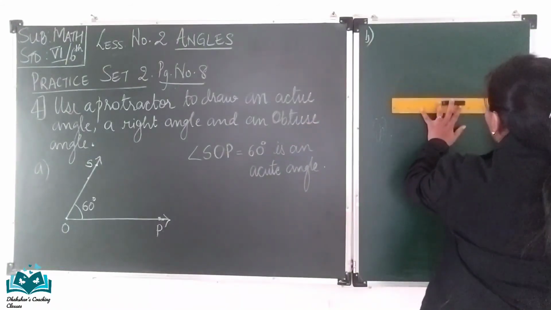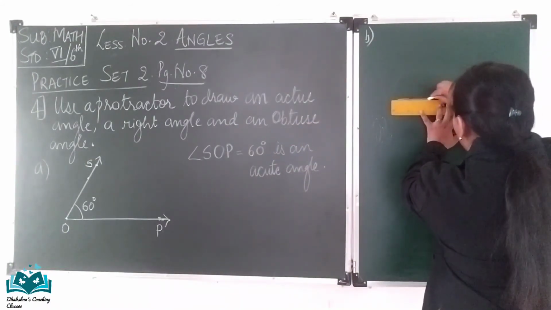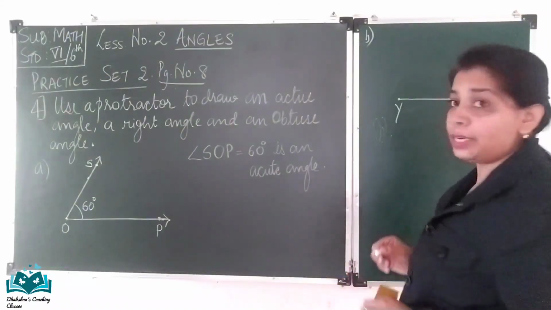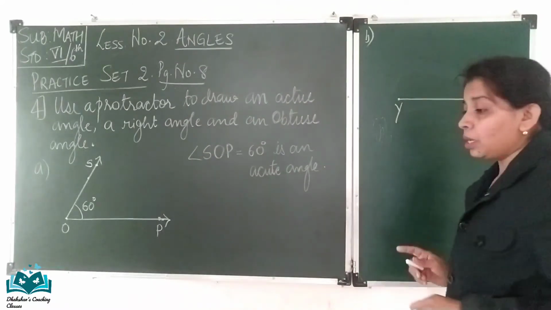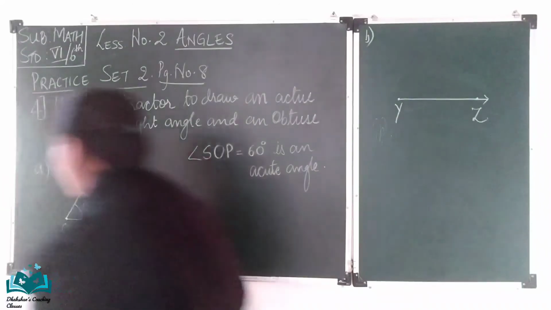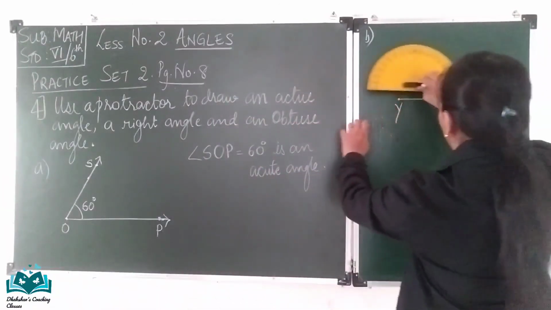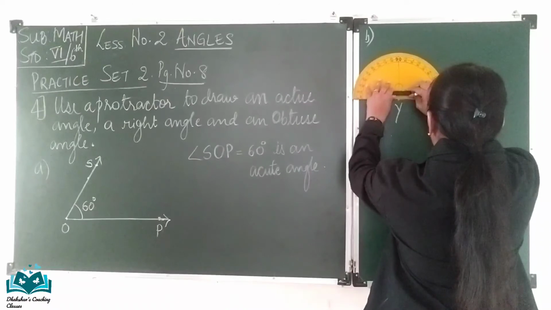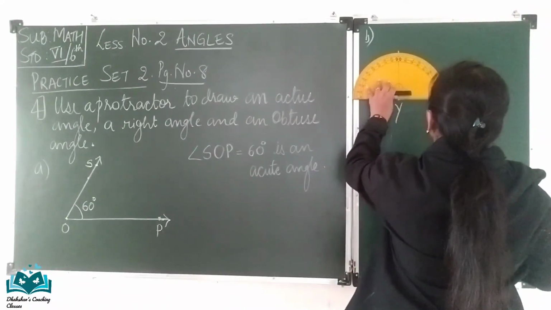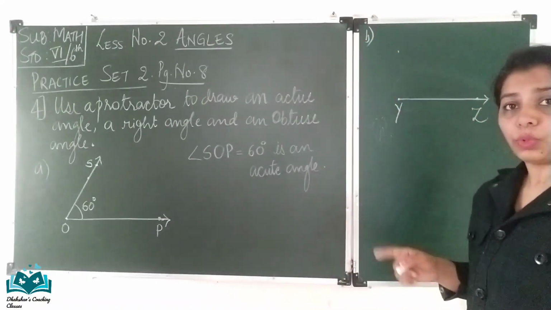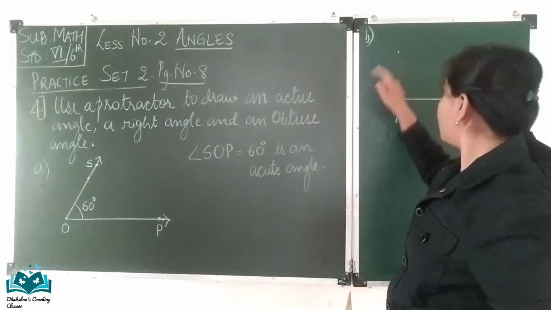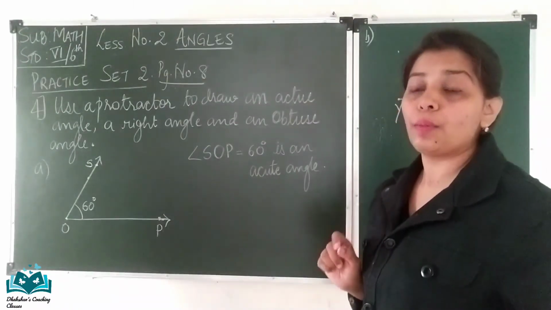First I draw a straight line with the help of a scale, YZ. Now here I keep the protractor on point Y, mark 90-degree angle. Then again with the help of scale I will be joining point Y and the given point.